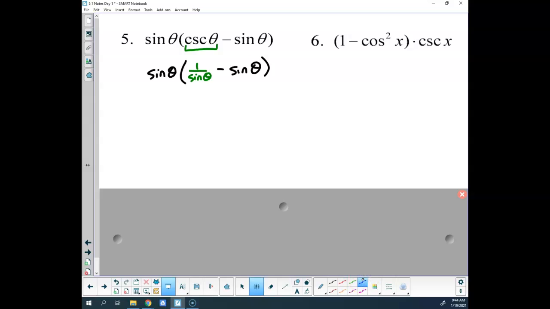If I distribute the sine in for both, then sine times 1 over sine is 1. Sine times sine is sine squared. According to number 7, the middle one, 1 minus sine squared is cosine squared.